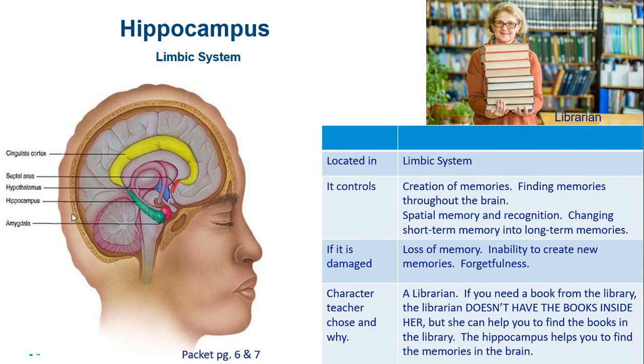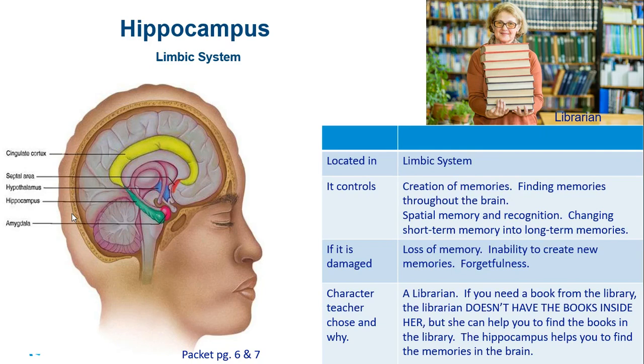Now, the character I chose is the librarian. When you go to a library and you ask the librarian for a book, the librarian doesn't have the book inside her. The same way the hippocampus doesn't have the memory inside the hippocampus. But the librarian knows where to find the book in the library.